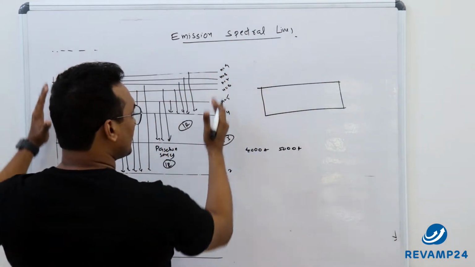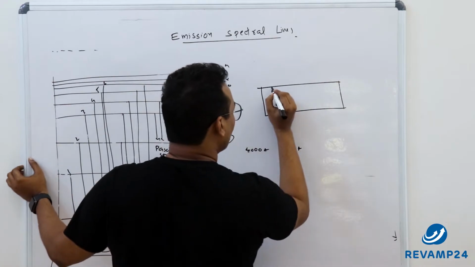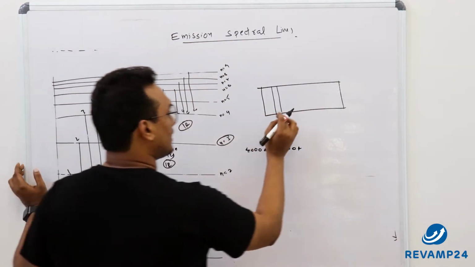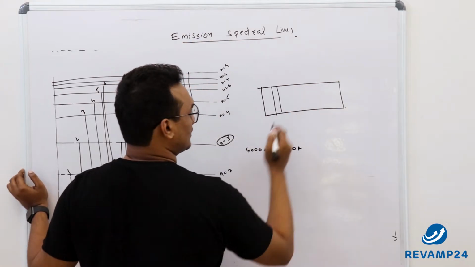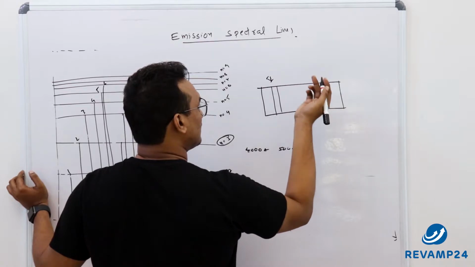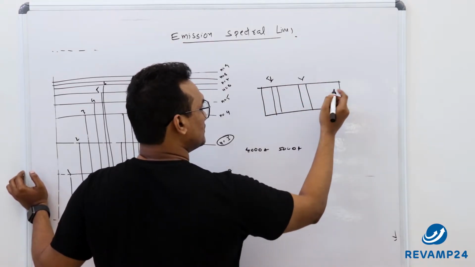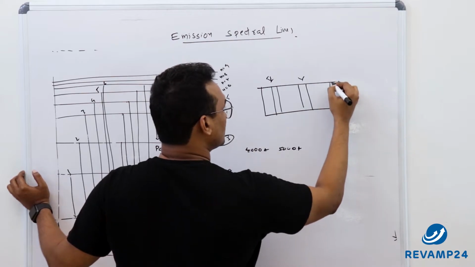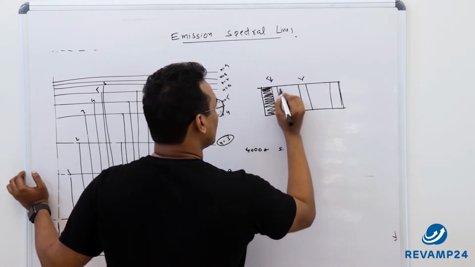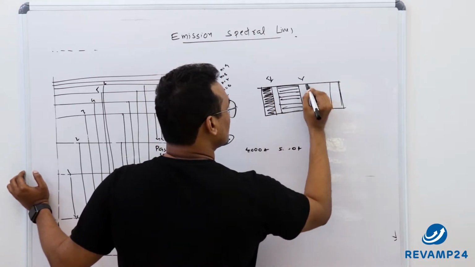Now we are seeing the emitted radiations here. So, we are going to get a white band here. That is one color. And after that, there are no other bands. Now, let's say this is violet; indigo, blue, green are not there. Then we are able to see yellow. Then orange is missing, red we are able to see. So, these are bright bands. This is dark and this one is dark and this one is dark.